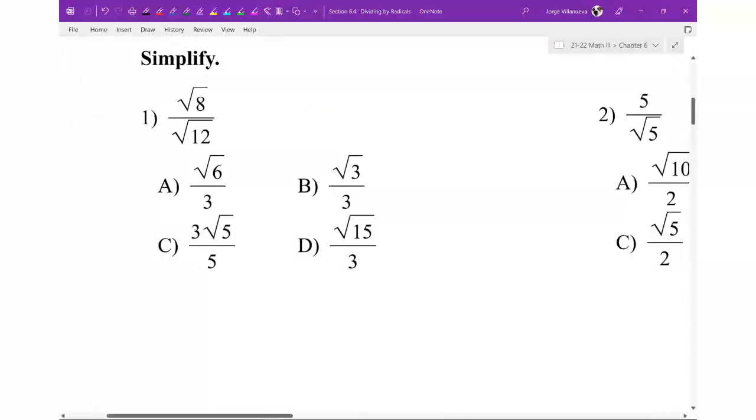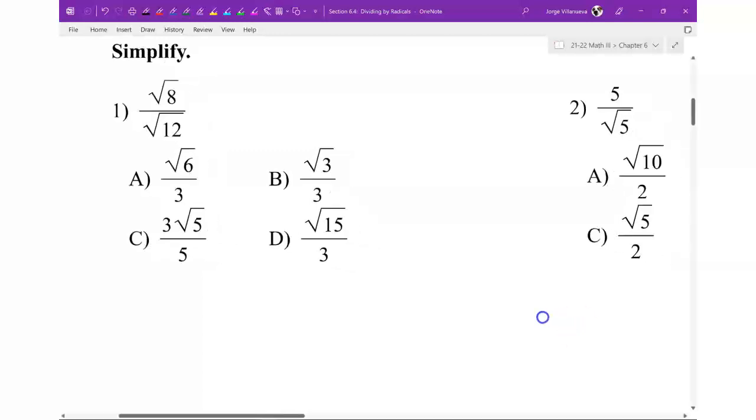I know it says square root of 8 over square root of 12, but you see how they both have a square root? So my advice to you is to write it into one big square root and simplify. That might actually help you do the work faster. I'm not going to do that for you, but I'm giving you your hint: combine it into one big square root and simplify. And you should see that you should be able to do something with it.